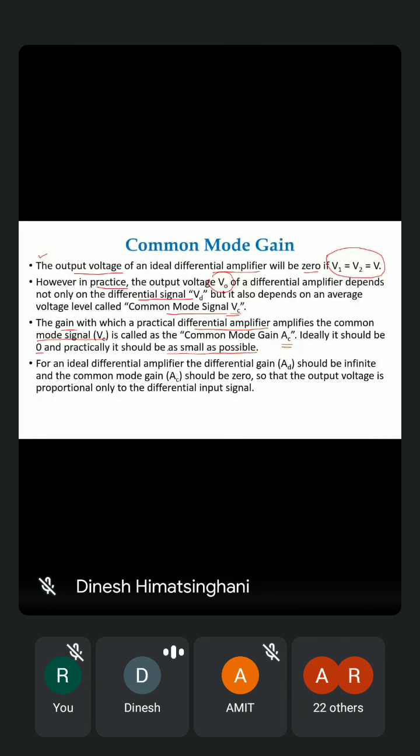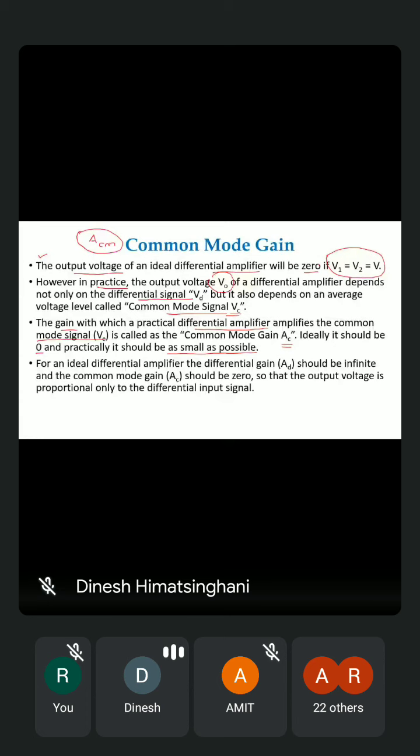Let me just repeat what I have said. Suppose I denote the common mode gain as ACM. For an ideal differential amplifier, if there is a common mode signal, the output is 0.